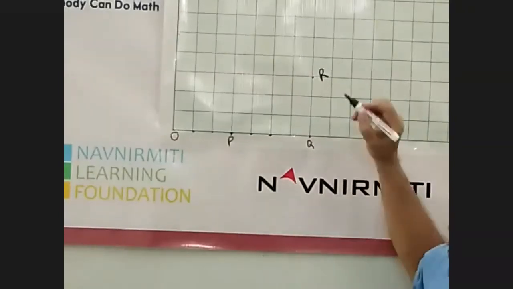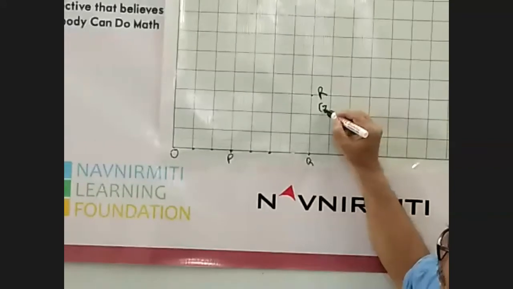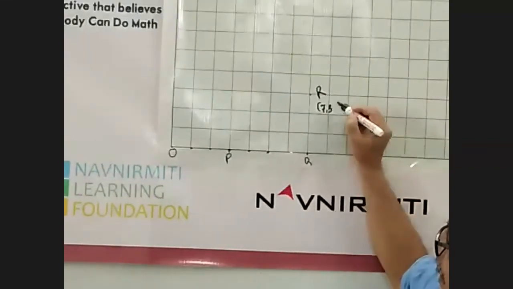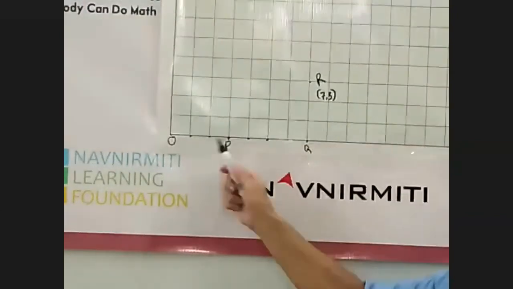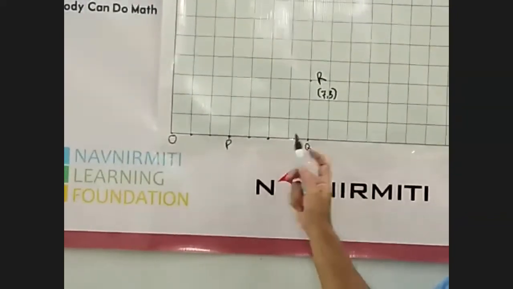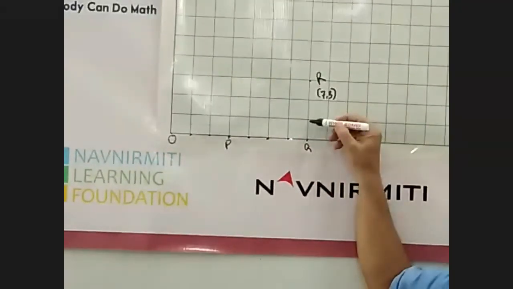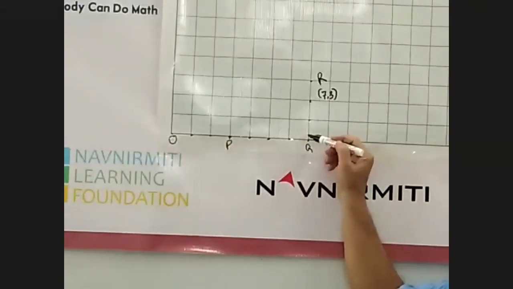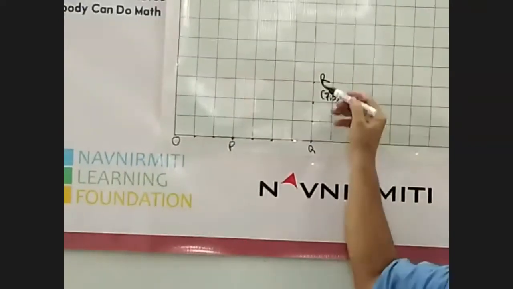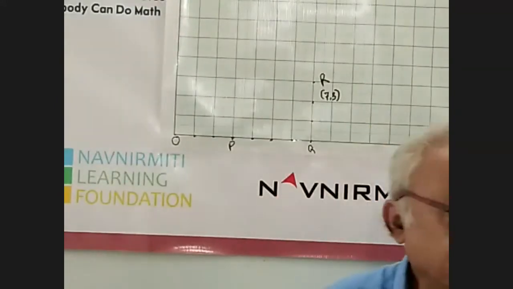So I will say that the coordinates of this point are 7 and 3. 7 means 7 steps to the right. 3 means 3 steps upwards. So 7, 3 means 7 sideways and 3 upwards. So the coordinates of R are 7, 3. Got it?